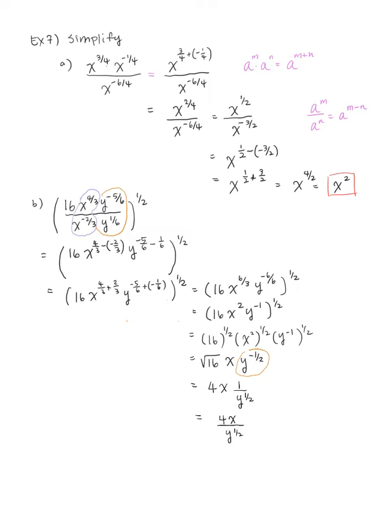Because remember, 4x is same thing as 4x over 1, isn't it? So when you multiply two fractions together, you just multiply it straight across. So here, are we done? One more step. So we're going to have 4x whole thing over, well, y to the 1/2 is same thing as square root of y. So I'm just going to box that for the answer.